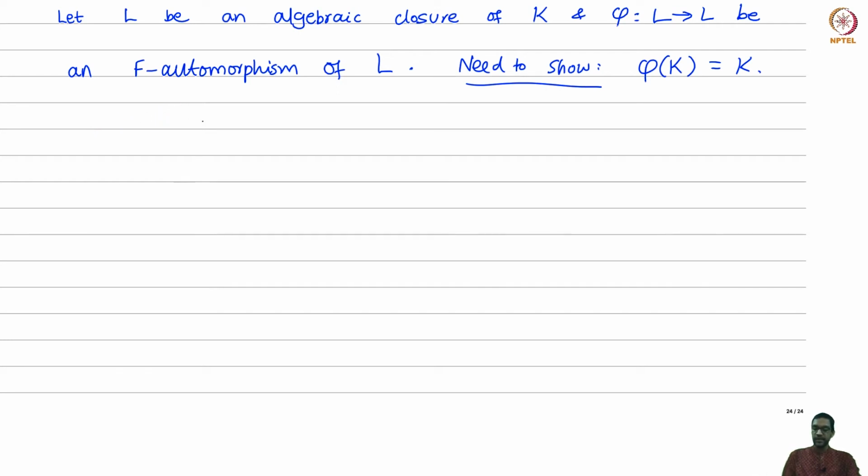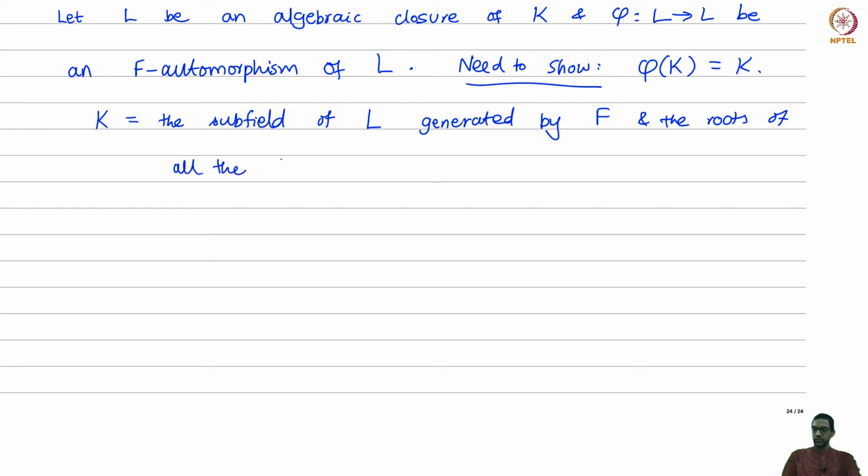So maybe I'll just write it in words. K equals the subfield of itself or L, it hardly matters. So K is nothing but the subfield of L generated by F and the roots of all the f_i's put together.